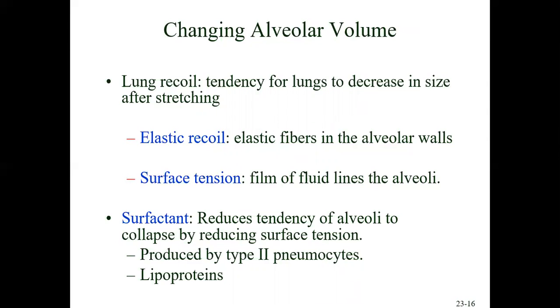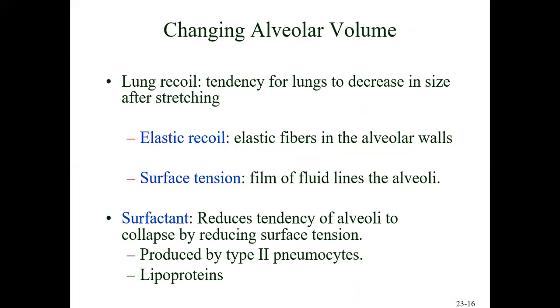Well, to help that, you have two main things. You have elastic protein fibers that are inside of the air sacs, and that helps to bring the tissue back smaller, helps it to recoil. But again, that surface tension that I was talking about earlier, you have that fluid on the inside of that respiratory membrane.